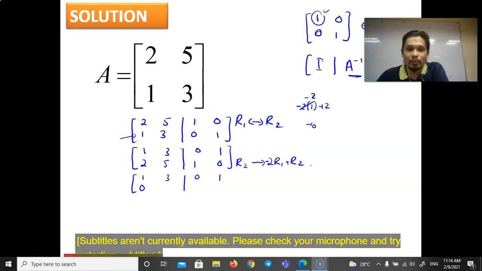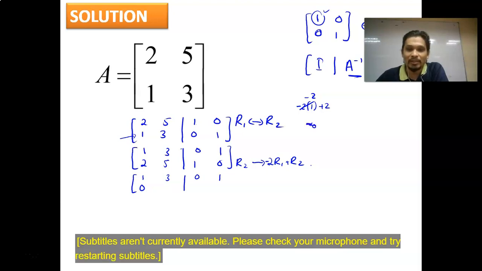Negative 2 times 3 equals negative 6, plus R2, which is 5, so negative 6 plus 5 is negative 1. Then negative 2 times 0 equals 0, plus 1 equals 1. Negative 2 times 1 equals negative 2, plus 0 equals negative 2.